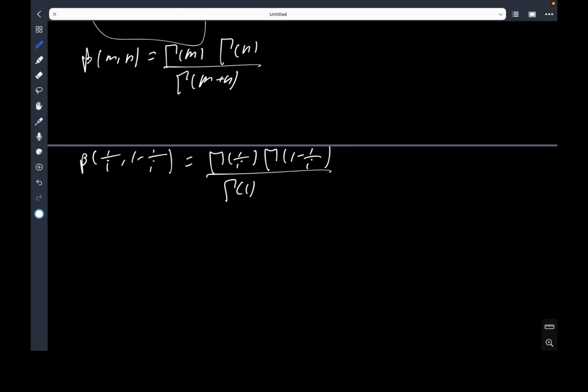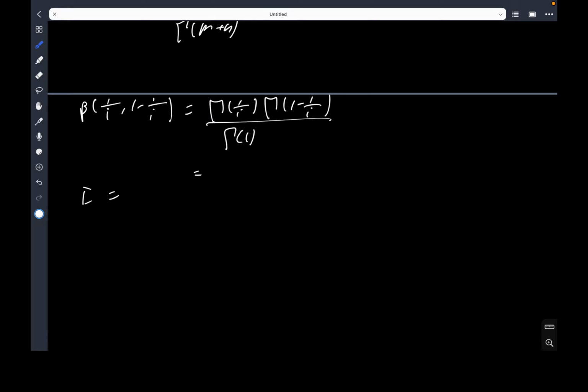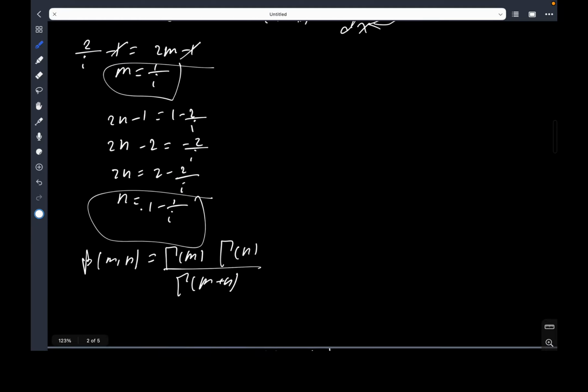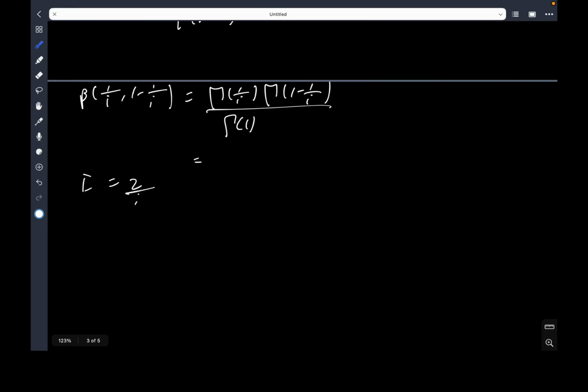If you add 1 over i plus negative 1 over i, you're going to get gamma of 1. So my integral is 2 times 2 over i times gamma of 1 over i times gamma of 1 minus 1 over i. This is the integral that I'm left with now.